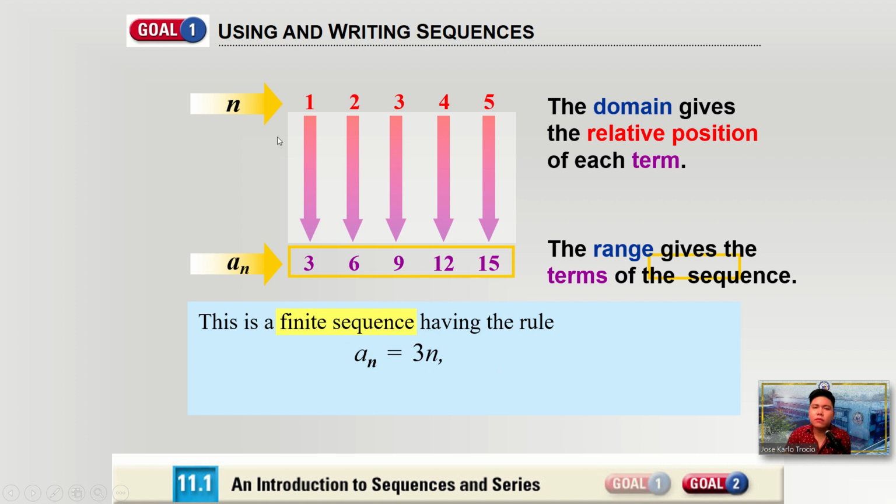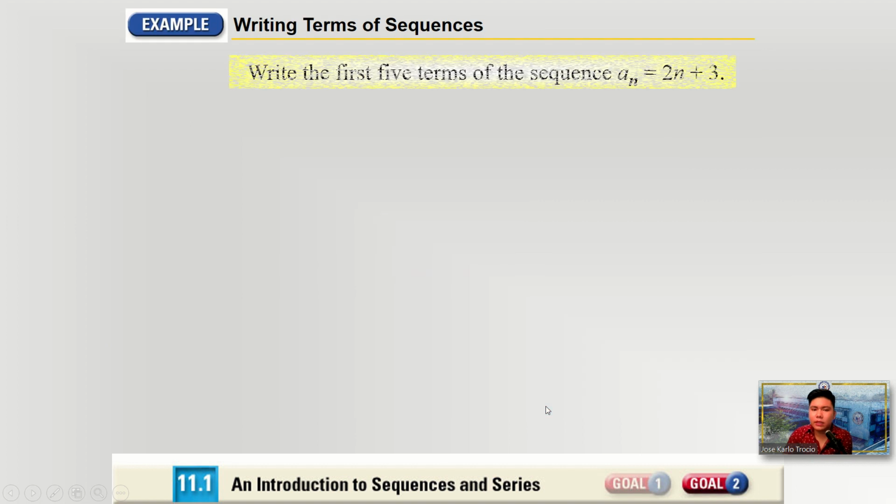So take note that the n are the positions, and a sub n are the outputs, or the actual terms. Therefore, a sub n represents the nth term of the sequence.